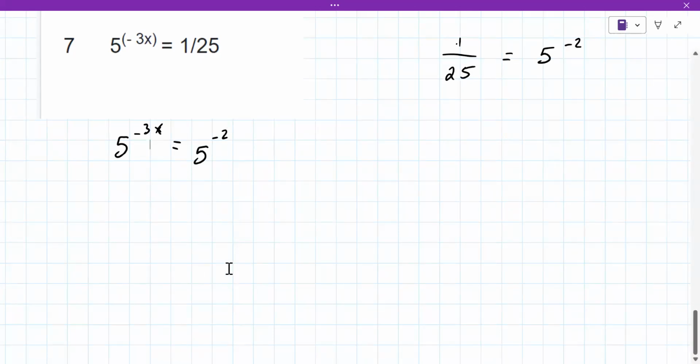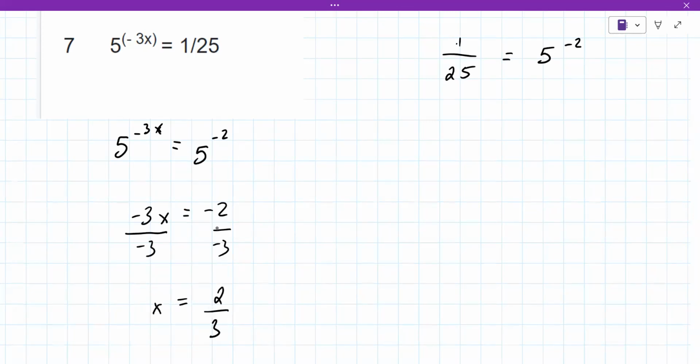What's your next line look like? -3x equals -2. Okay, that's correct. So then I decide to divide by -3. That is also correct. I guess it's just a sign issue. These two negatives make positive. Right, so they're both positive. It would be 2/3. Yes. Good.